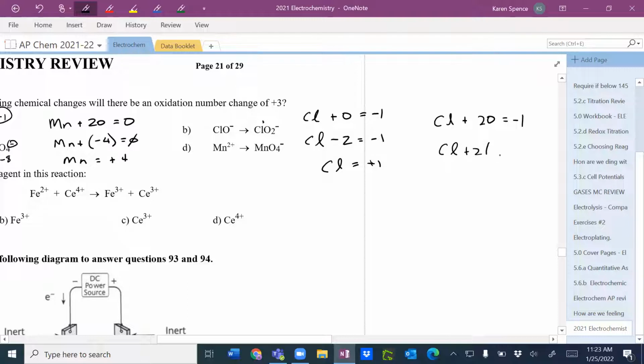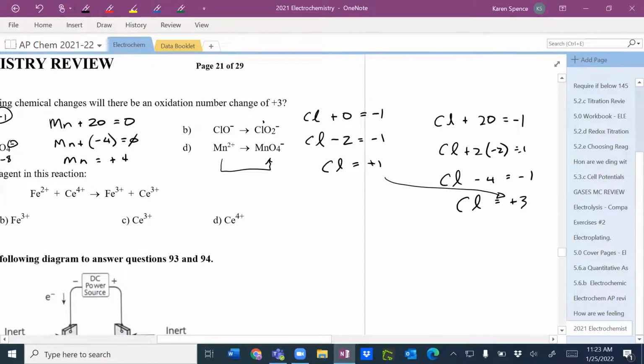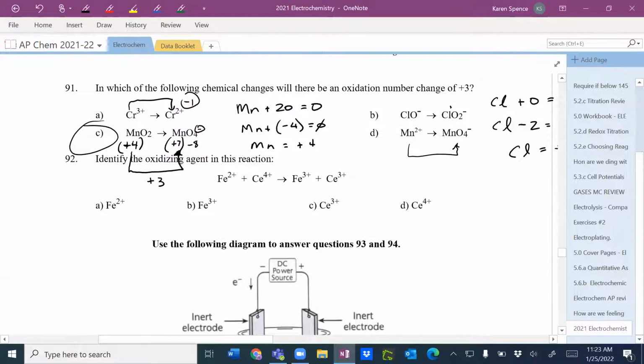Cl plus 2 times -2 is -1. Cl minus 4 equals -1. And so Cl is equal to +3. And so that is a change of +2, which is not what we wanted. And yeah, this one looks way bigger than +3. So we'll just keep that there. Okay.